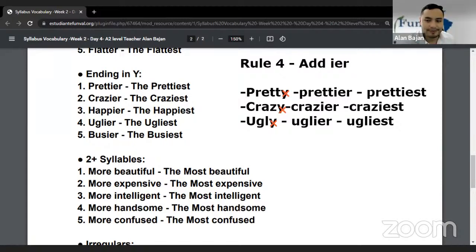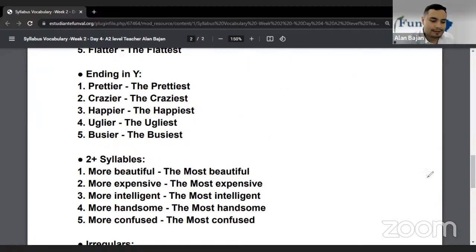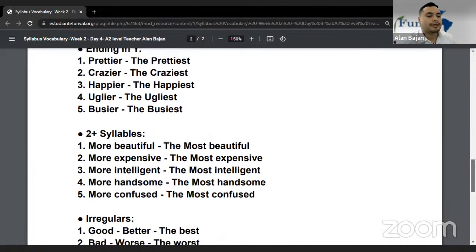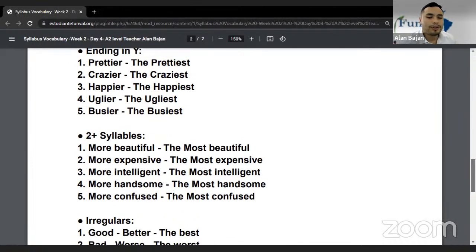All right. So, next rule. The next rule says that when I have an adjective of more than 2 syllables, I will add the word more for the comparative, and I need to add the most in the superlative.